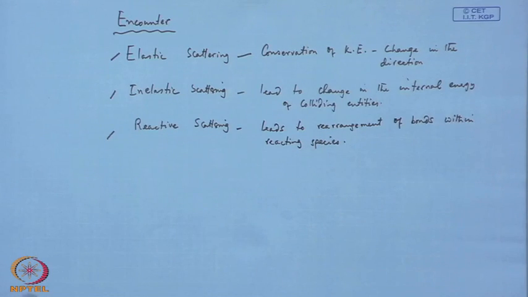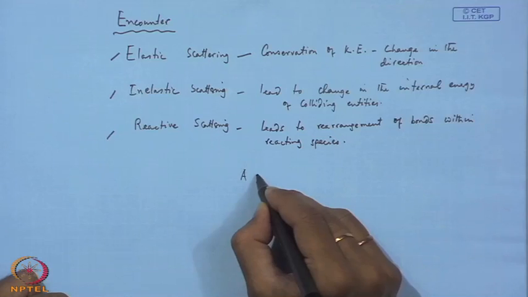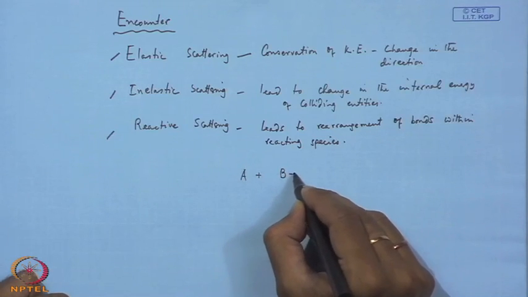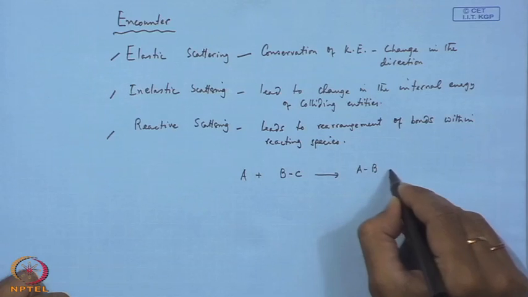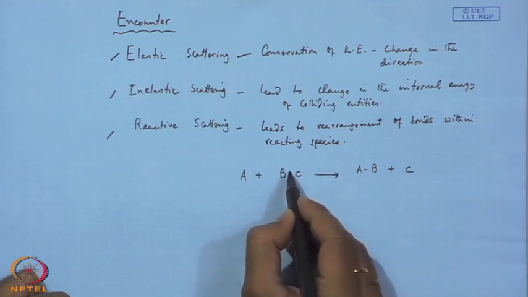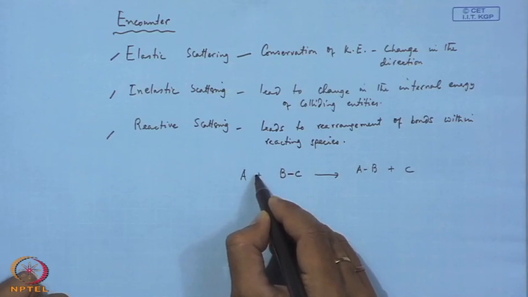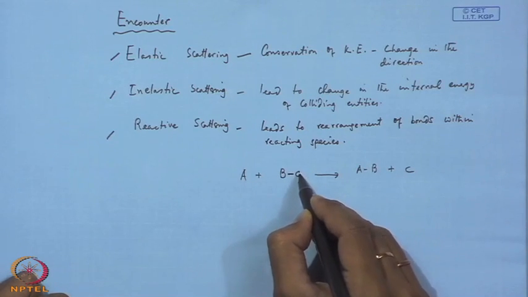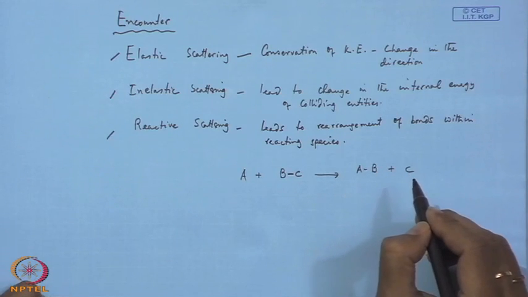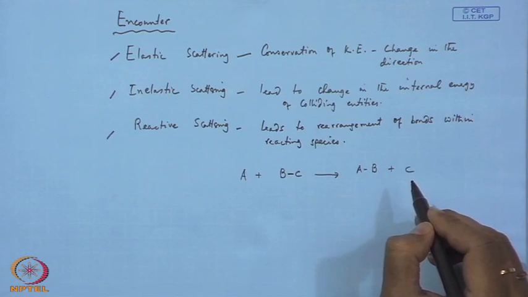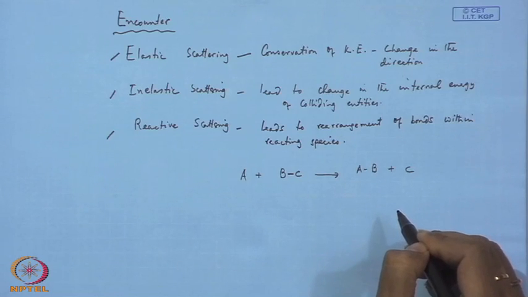Okay. So, that means say you have got A plus BC giving rise to AB plus C. So, as if this bond has migrated in between this and C is freed. Okay. So, that is, this scattering has led to effective chemical reaction.